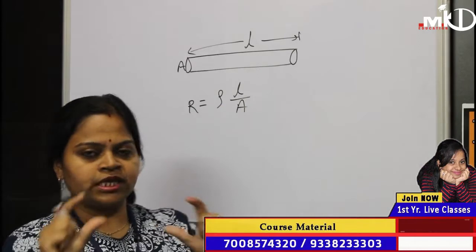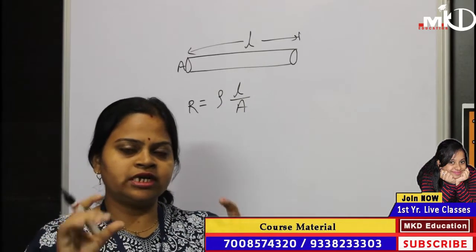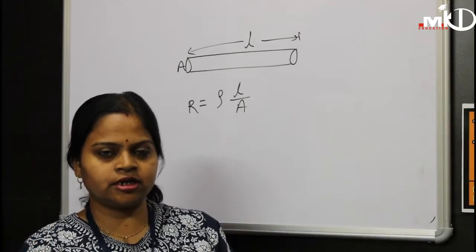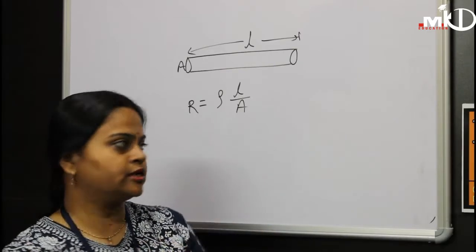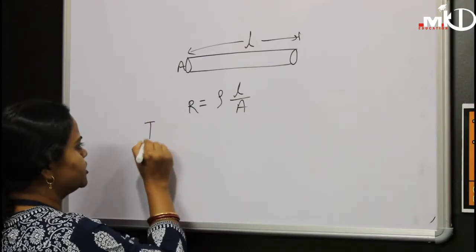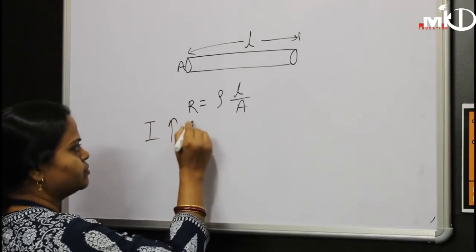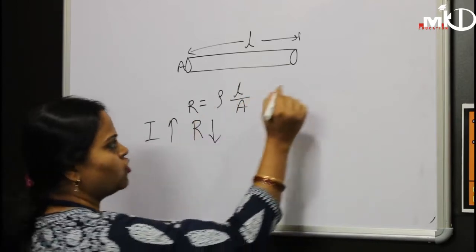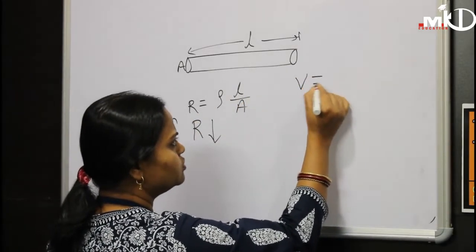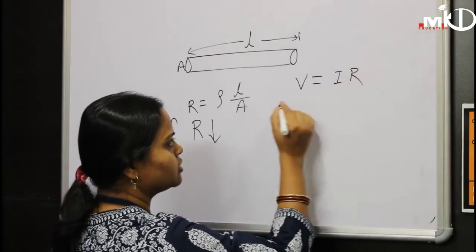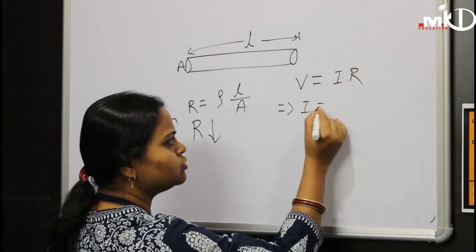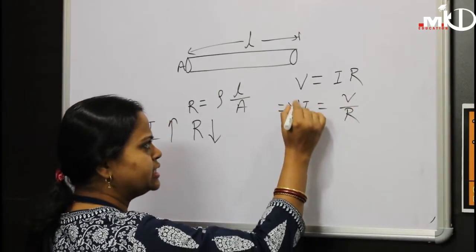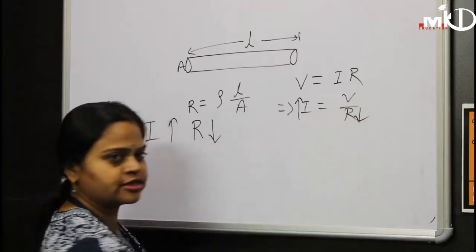Suppose in a circuit maximum current is required, like in a generator where we are generating maximum current. If current is maximum, R must be minimum, because our formula is V is equal to I into R, or I is equal to V by R. So if I is increasing, R is decreasing.